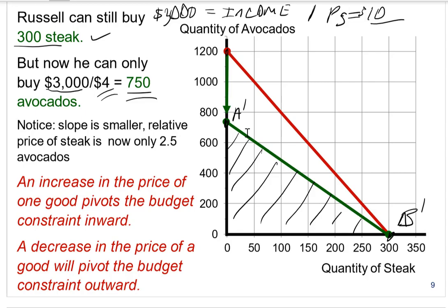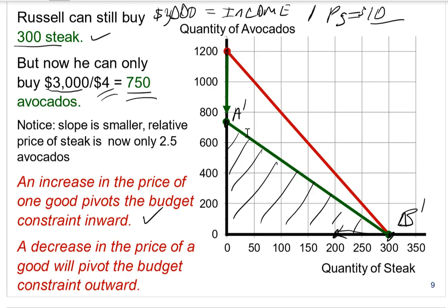So concluding remarks here: an increase in the price of one good pivots the budget constraint inwards. It just pushes it downwards, either this way or that way. You can test by changing the price of steak, let's say to 15. You can just do the analysis, and you will see that with an increase in price, this point is also going to move inwards to this point. When it's $15, we should get this set.